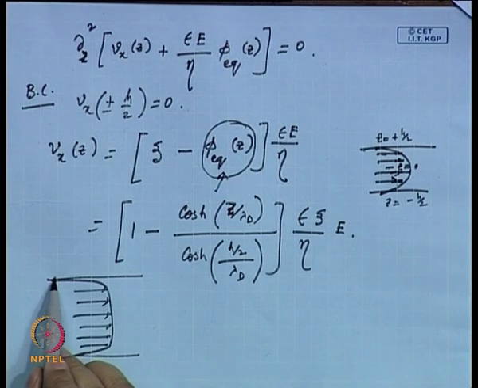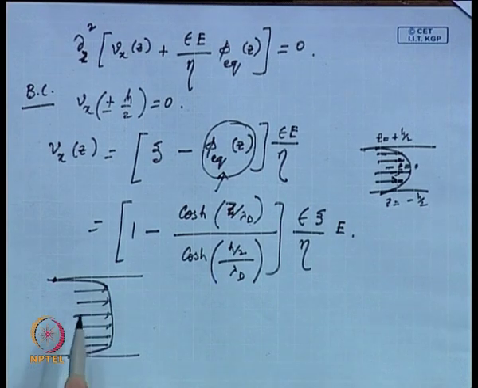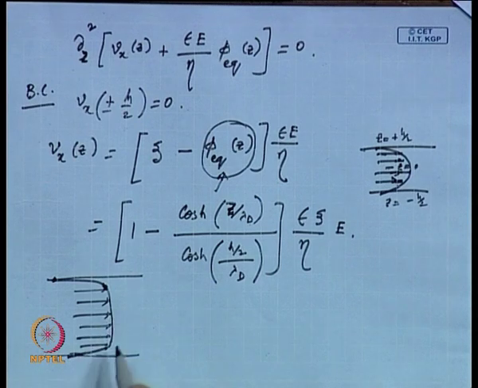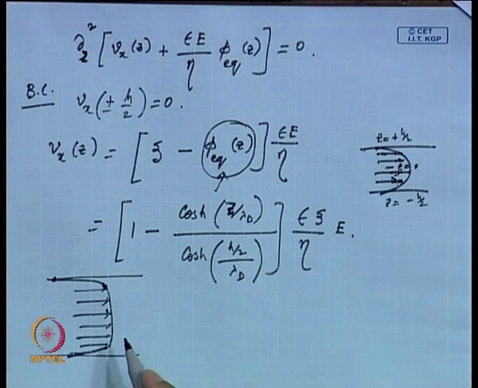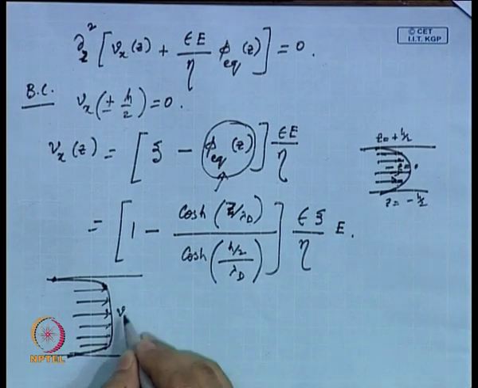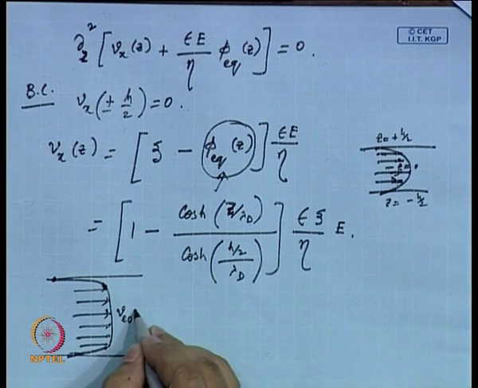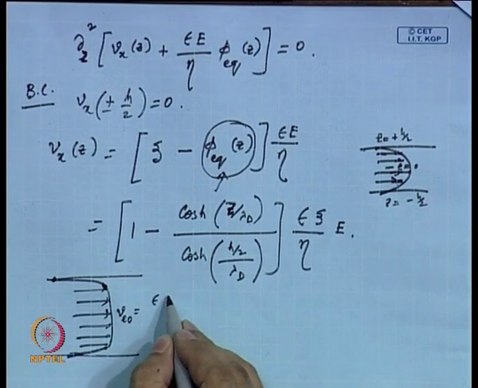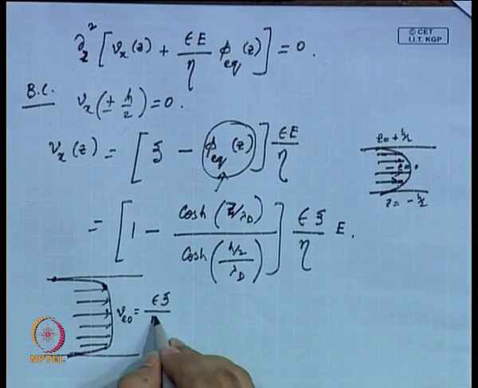It has to be 0 at the wall, so from 0 to the final value, that happens within a short distance. That is the trend of this expression. So, this is pretty much flat, and you can check with the limit as well, it will come out that way. This velocity is actually referred to as VEO, the electroosmotic velocity, which is epsilon zeta divided by eta into E.